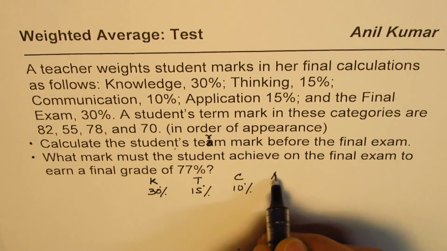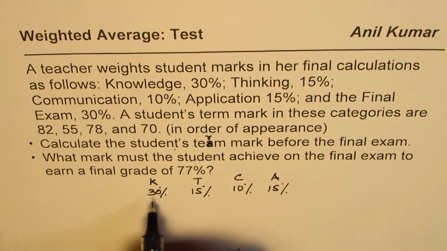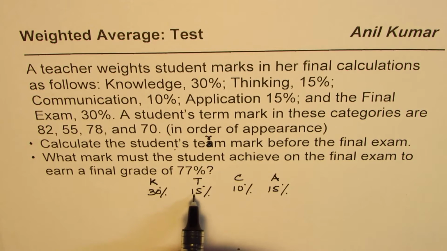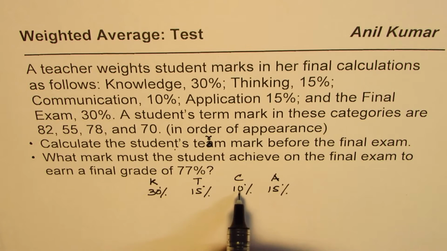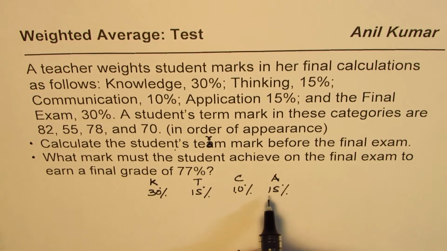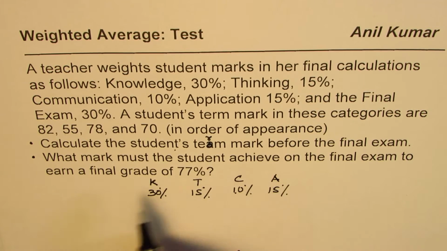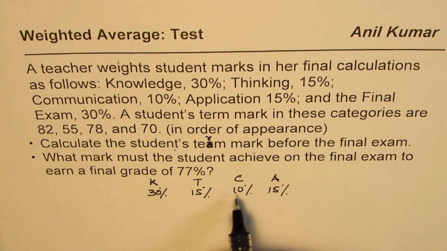And the weight of application is 15%. Now if you add them all, 30 plus 15 is 45, and 10 is 55, and 15. So that really does not make 100%, correct? So these are a part of it, right?